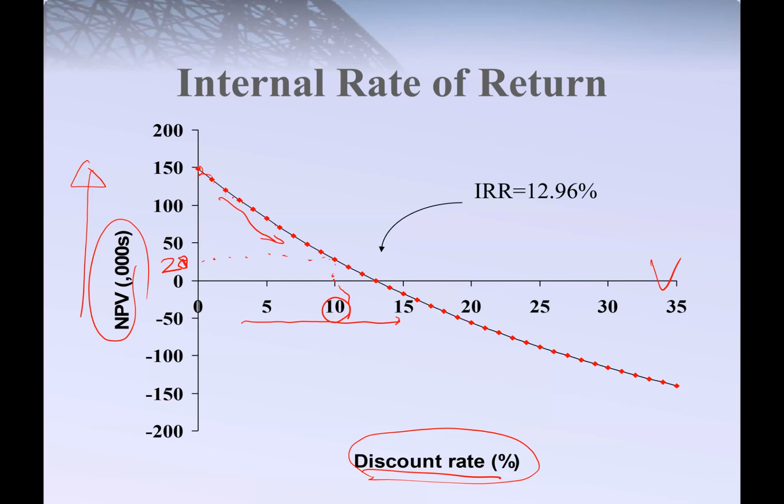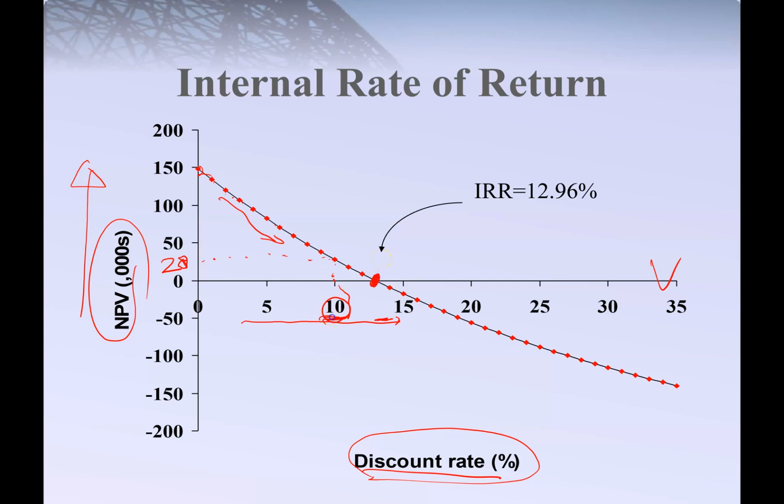So what this means is that because the net present value and the discount rate have a monotonic inverse relationship, when the discount rate is less than the internal rate of return, which is the discount rate that makes the net present value equal to 0, NPV has a positive value.